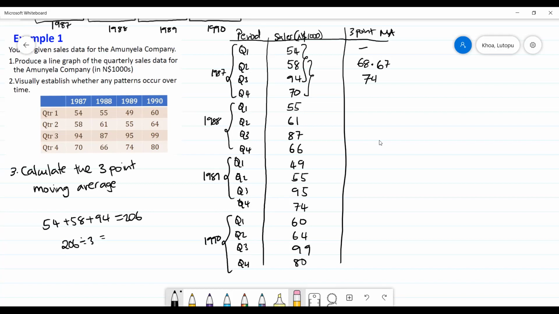Then you'd continue again. You take these 3 points, 94 plus 70 plus 55. This is 219, and then 219 divided by 3. This is 73.